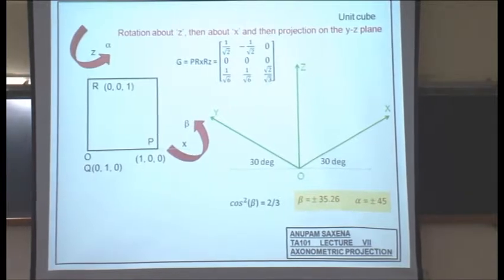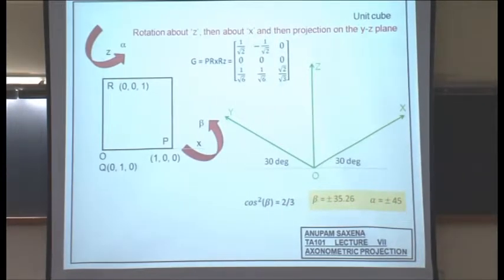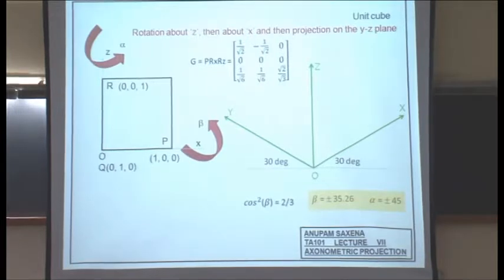Plus minus 35 or 30. There should be 4 values.